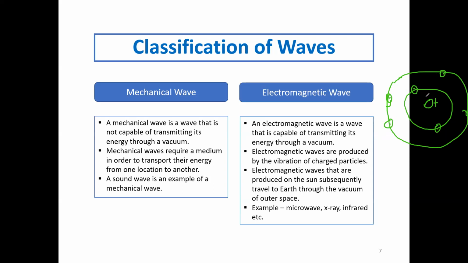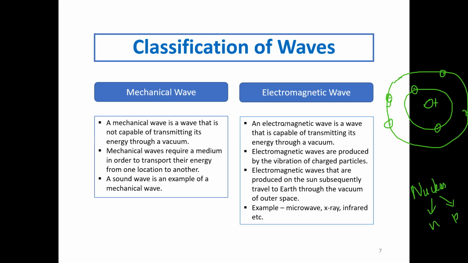Electrons move around the nucleus in a shell or orbit. And the nucleus has two things: neutron and proton. The nucleus has neutron and proton.